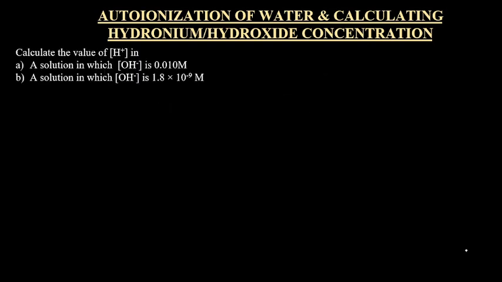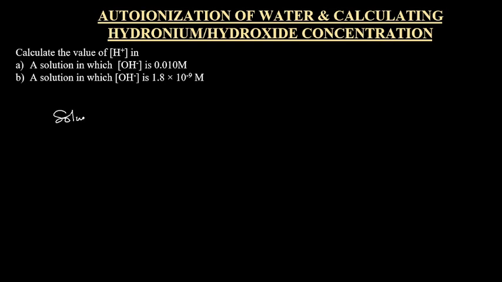Good. So let's look at this question. This question says calculate the value of H plus concentration in A. A says what? A solution in which OH minus is 0.010 molar. So let's put that here.